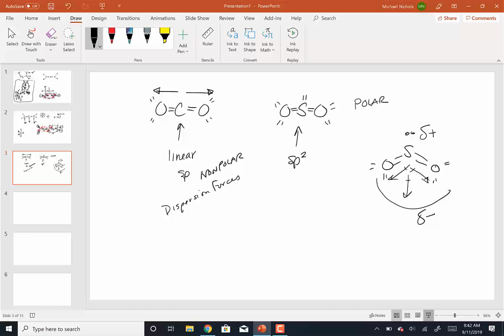Those terms come back, and the idea of London dispersion forces versus induced dipole is what they're sometimes called. Those terms are in style one year and then not in style the next. So it doesn't matter whether you call those induced dipoles or London dispersion forces.